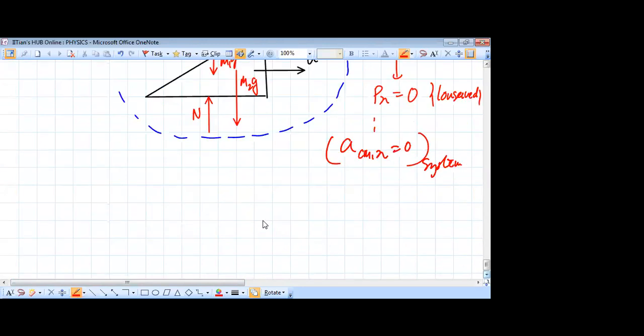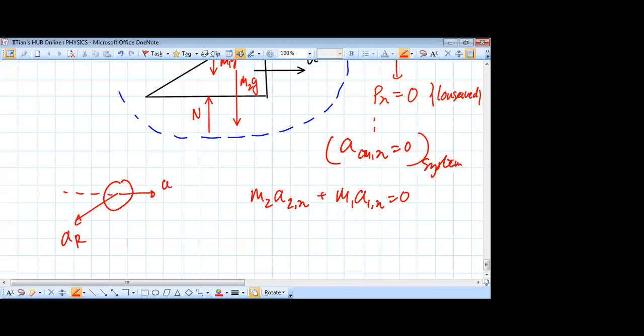So that means m2 into a2's x component plus m1 into a1's x component should be 0. Okay. So that vector relation, relative acceleration is like this, and the acceleration of that frame is like this, and this angle is theta.